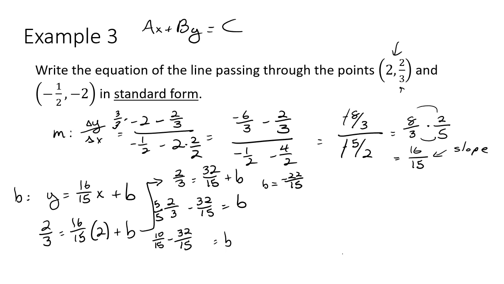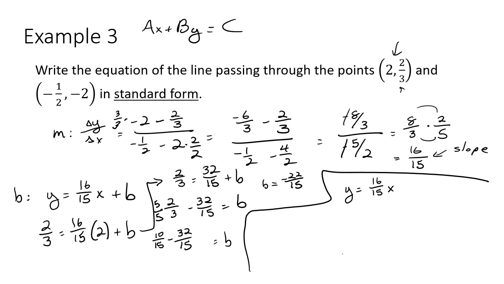So if we were writing our equation in slope-intercept form, y is equal to mx plus b, we would have y is equal to 16/15 x plus b, which is a negative number, so it would be minus 22/15. That's not what we want though. We want standard form, so it's just going to require 1 or 2 extra steps here.